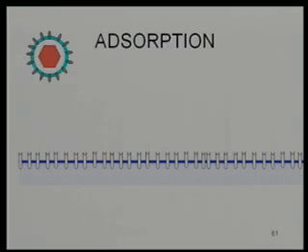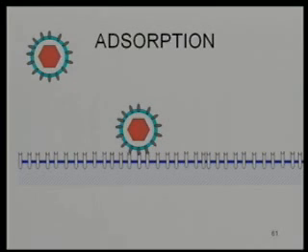Absorption. The virus comes, it's got an attachment protein on the outside of the envelope, if it's enveloped, or on the outside of the capsid, if it's not enveloped. That is always a protein because it has to be coded for by the virus. And it will wobble around until it finds the cell surface. It doesn't say, hey, there's a cell, I'm going to swim over to it. So it diffuses around until it finds the cell surface.